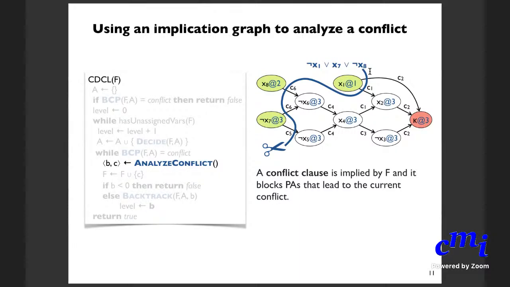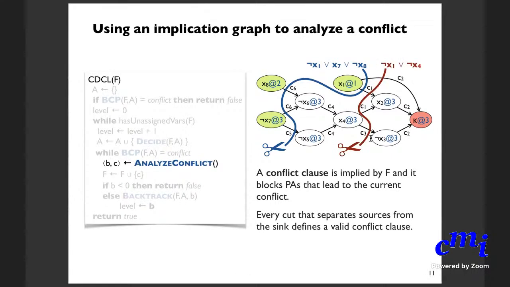Every such cut defines a possible conflict clause. A conflict clause, as I just said, is something that is implied by your original set of clauses, and it blocks the partial assignment that causes this conflict. So this is one way of blocking.